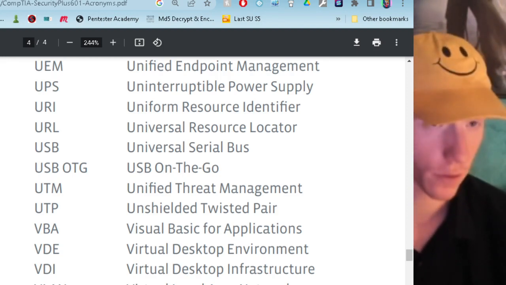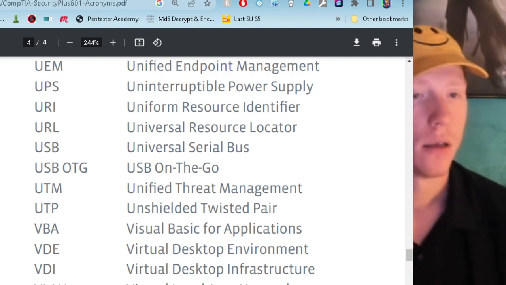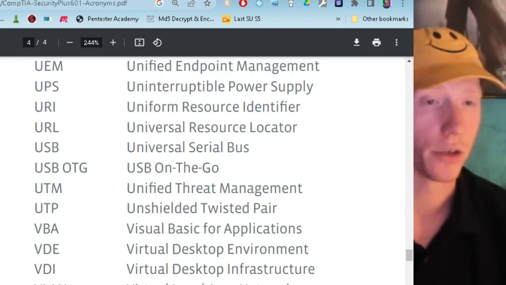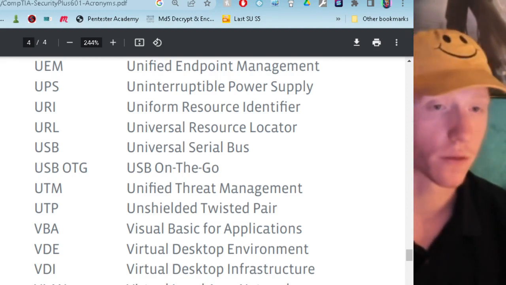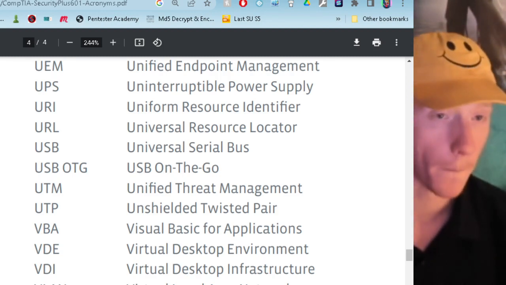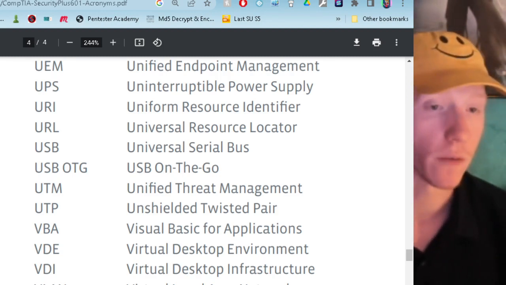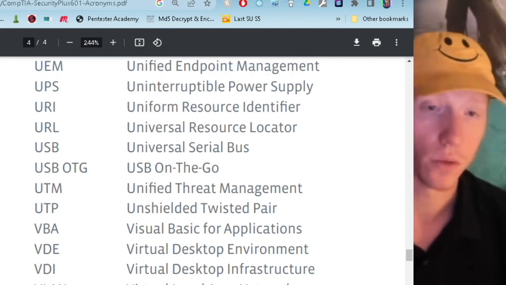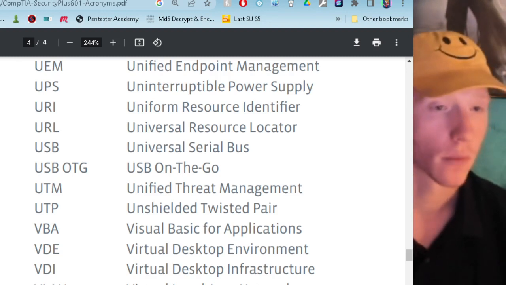Uniform, universal, and completely unrelated to a URL, a USB is a Universal Serial Bus. A USB OTG means USB on-the-go. A UTM is a Unified Threat Management. UTP is the unshielded twisted pair, as opposed to the shielded twisted pair.